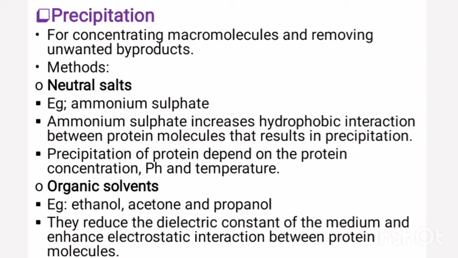Next one, precipitation with organic solvent. Example, ethanol, acetone, and propanol. They reduce the dielectric constant of the medium and enhance the electrostatic interaction between the protein molecules that causes the precipitation.